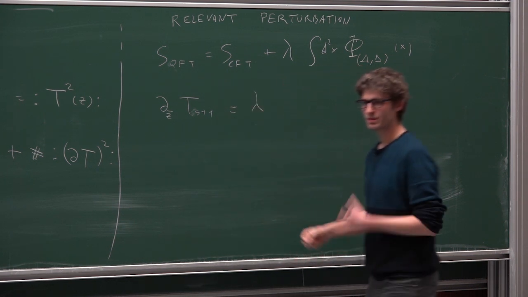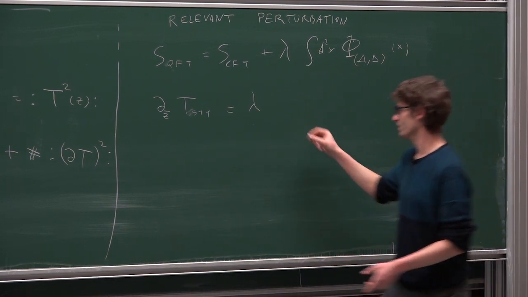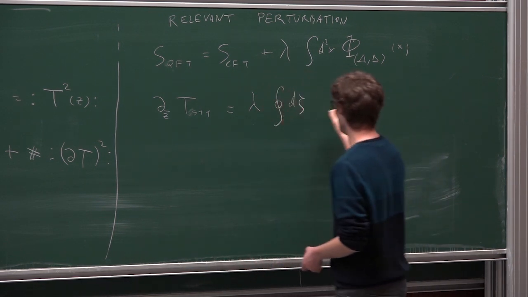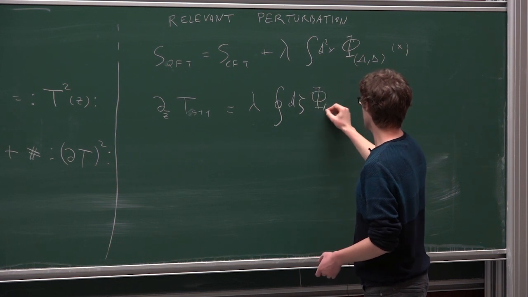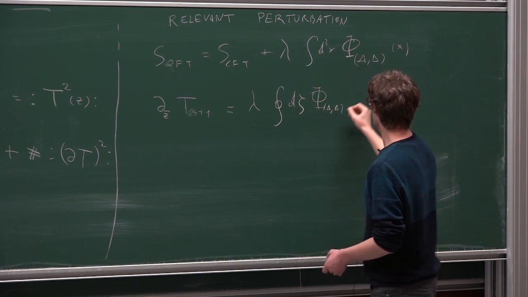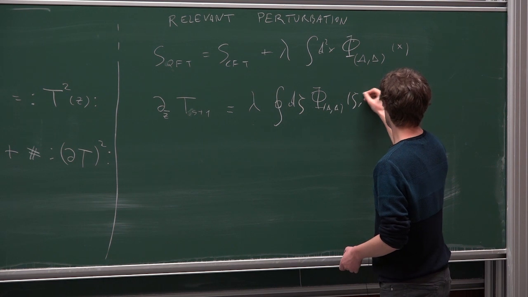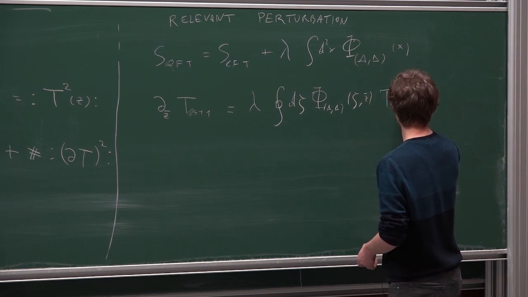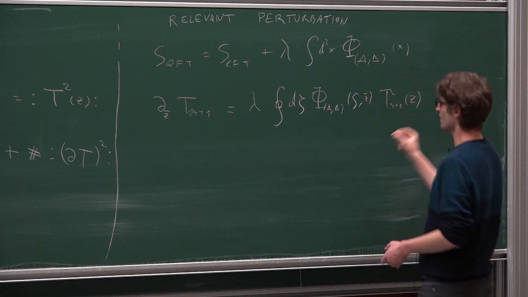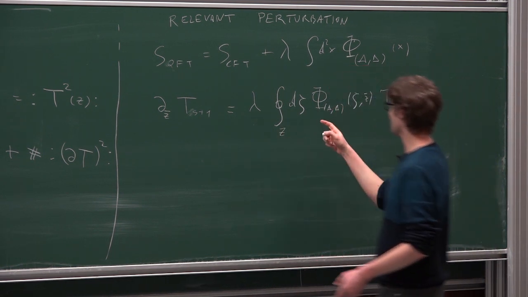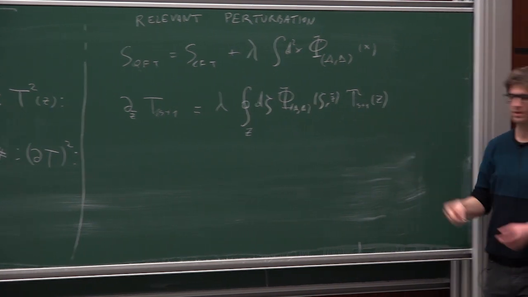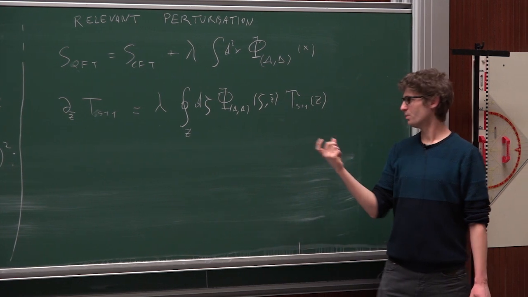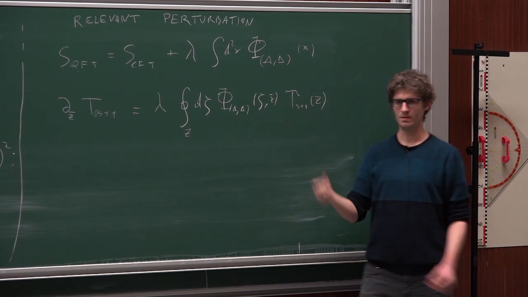I will not prove this equation for you because I don't have time, but you integrate over a circle that goes around T. So essentially you need to select the pole in the OPE of these two operators.